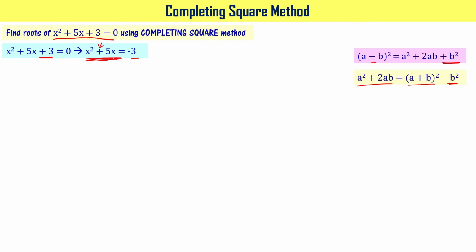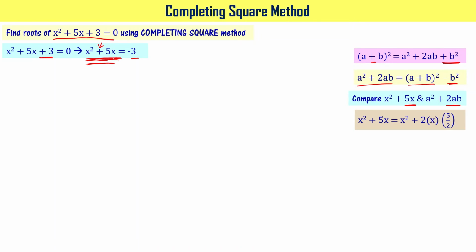Now let me compare x square plus 5x with a square plus 2ab. When you want to compare 5x with 2ab, it is slightly tricky, right? Let me write 5x as 2 times x times 5 by 2, right? x square plus 5x is now written as x square plus 2 times x times 5 by 2, right?